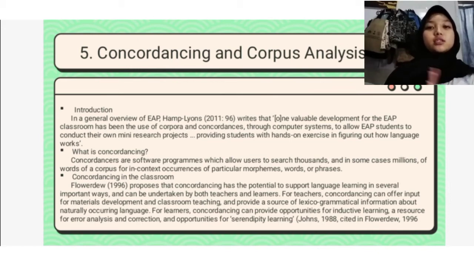He writes that concordancing can offer rich exposure to the most common and typical language forms and words that students are likely to encounter outside the classroom, and provide opportunities for students to work with real language instead of language which has been designed specifically for language learning purposes.